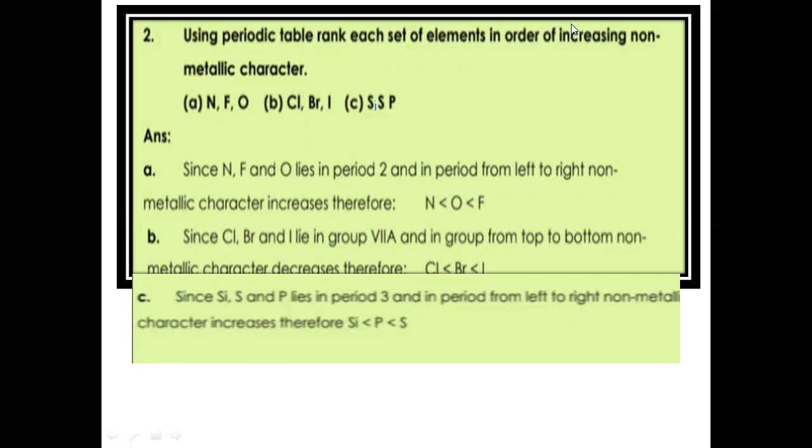So these properties change with the group number, when we move from left to right, or from top to bottom along the group.